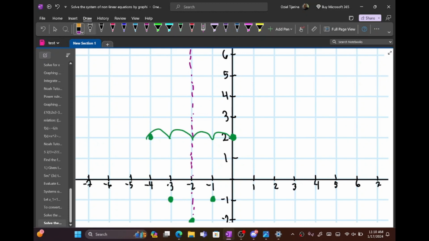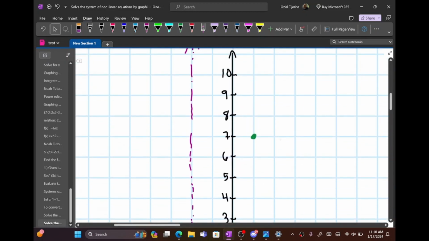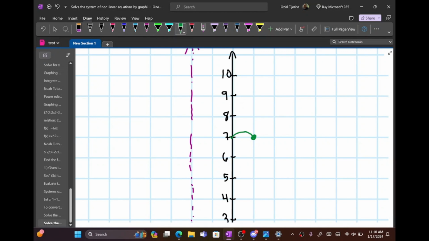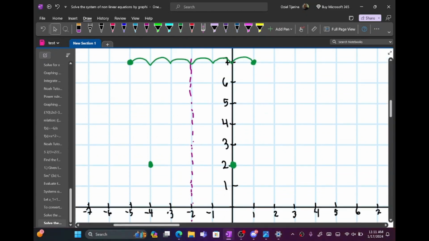And then you're going to go up to 1, comma 7, and you're going to do the same thing. Every point on the right side, you're going to reflect them: 1, 2, 3, 1, 2, 3. Make sure that whatever units you go on the right, you do it to the left. That's how we reflect.